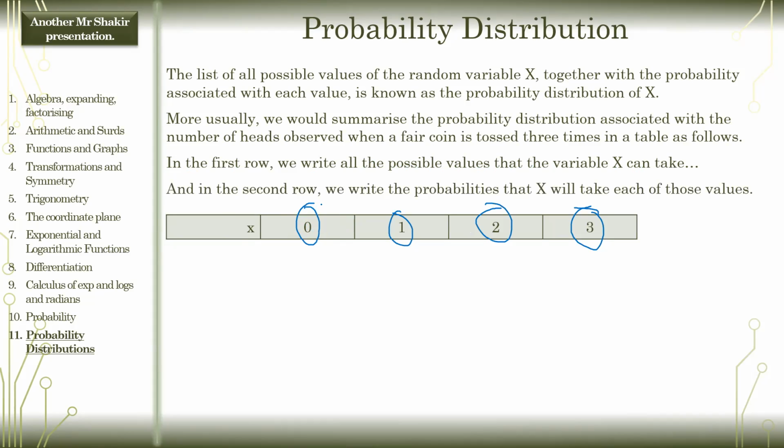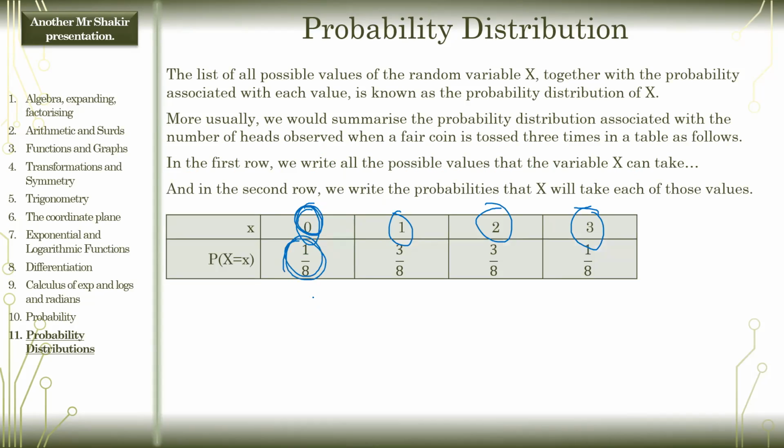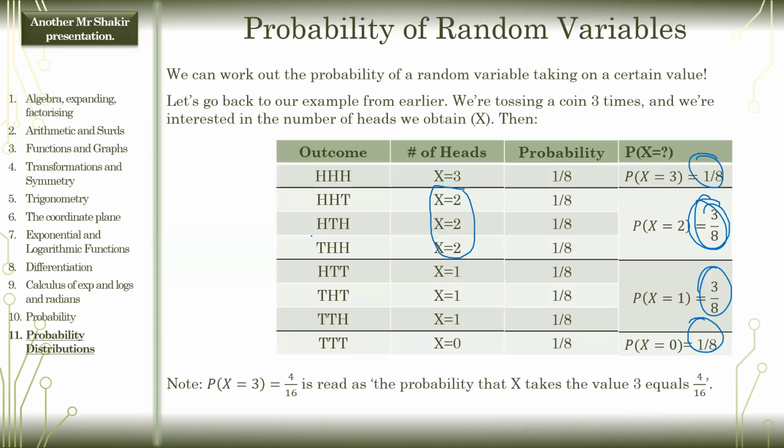In the second row, we write the probabilities that x will take for each of these values. And 0 heads is 1/8. Just in case you forgot, we'll go back: tail, tail, tail. X is going to equal 0 because there are no heads, and the probability is 1/8.